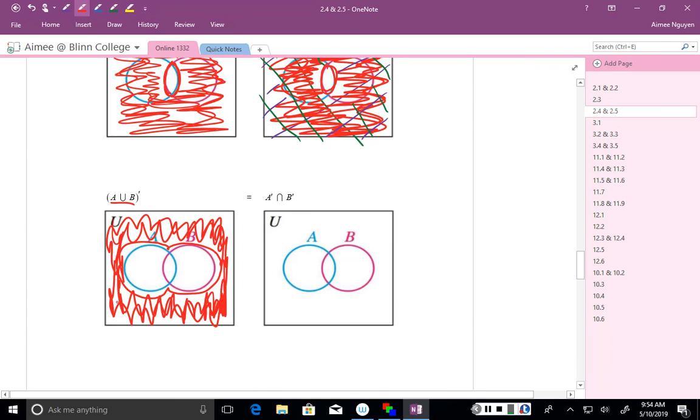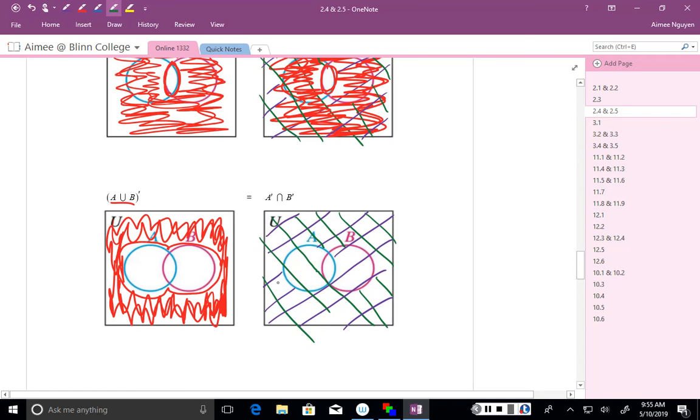So now we have to be careful. So again, I have not in A intersecting not in B. So we can do this similar to the way that we did it above. So not in A. All of this stuff. Not in B. Now I'm intersecting.